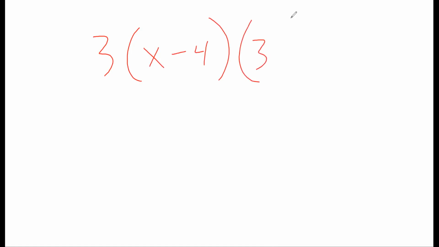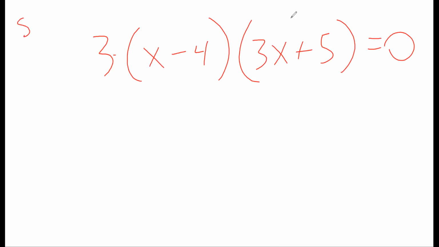So let's talk about that. Let's say you have this expression, 3 times x minus 4 in parentheses times 3x plus 5, and that's supposed to equal 0.